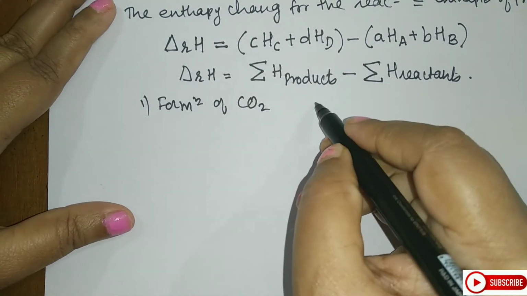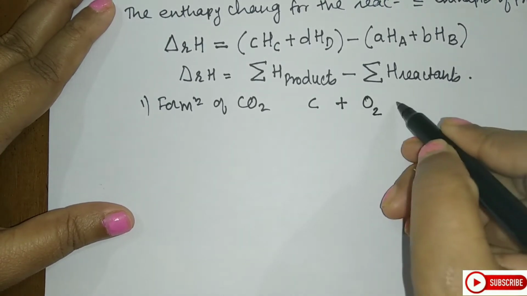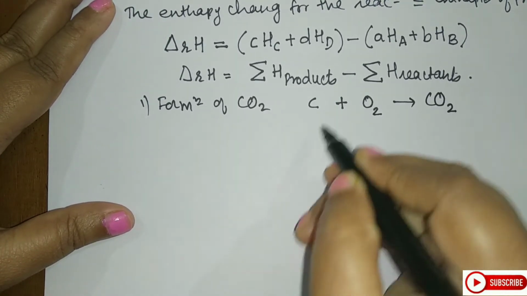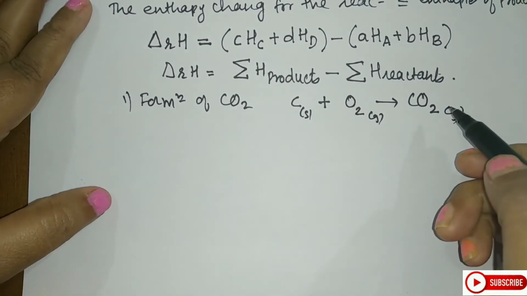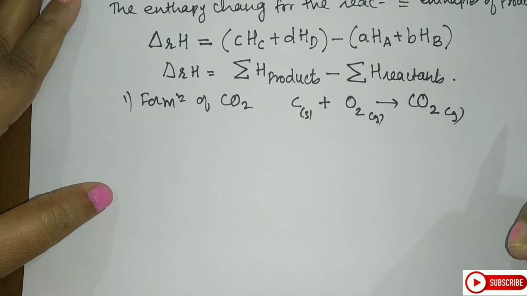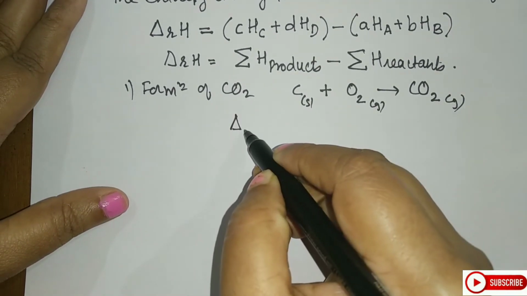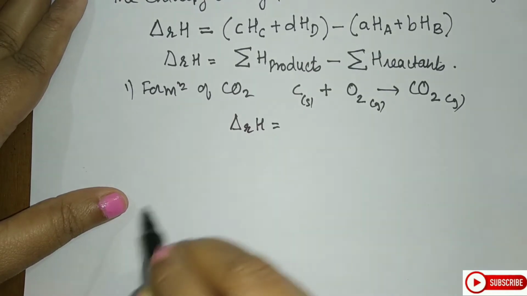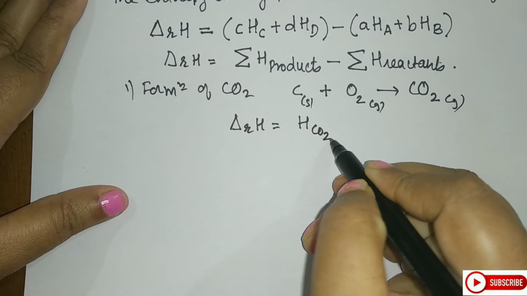So what will be the reaction? If it is formation, it will be C plus O2 giving CO2. This is solid, gas and gas. It's very important that you balance the equation first. This equation is already balanced. So what will be the enthalpy for the reaction here? It will be the enthalpy of carbon dioxide.